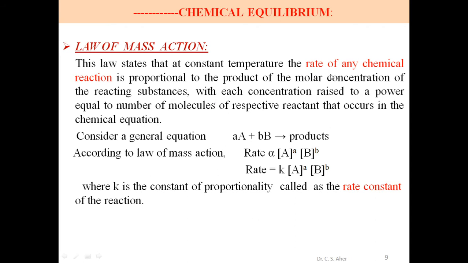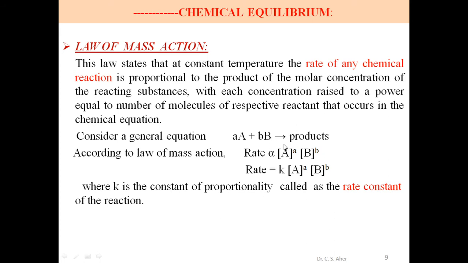The rate of reaction is proportional to the molar concentration. So the concentration of A is [A], the second reactant is B, with concentration [B], with each concentration raised to a power equal to the number of molecules, that is the number of moles. So the concentration of A, having a moles, is raised to small a.